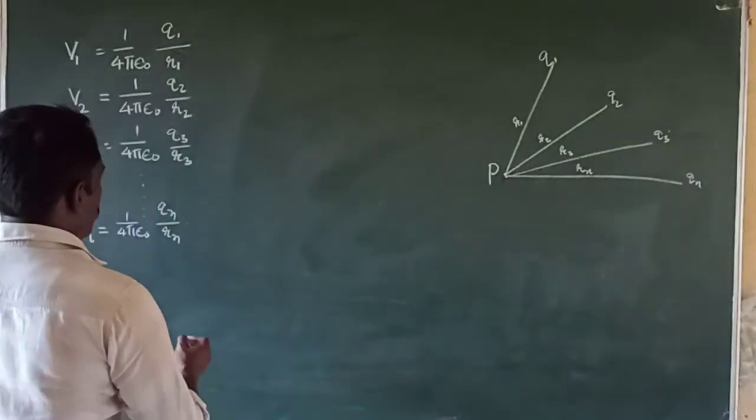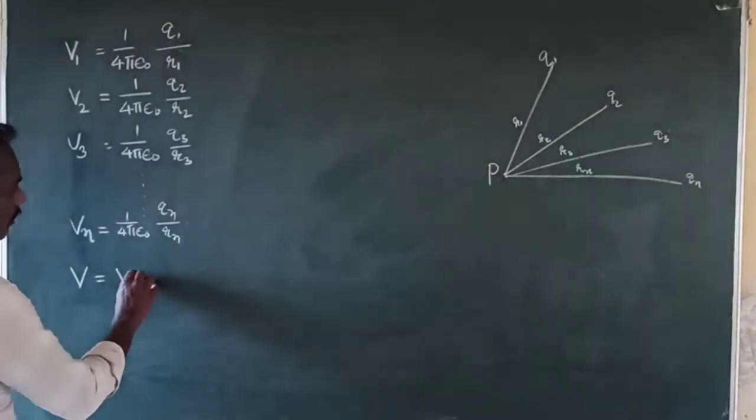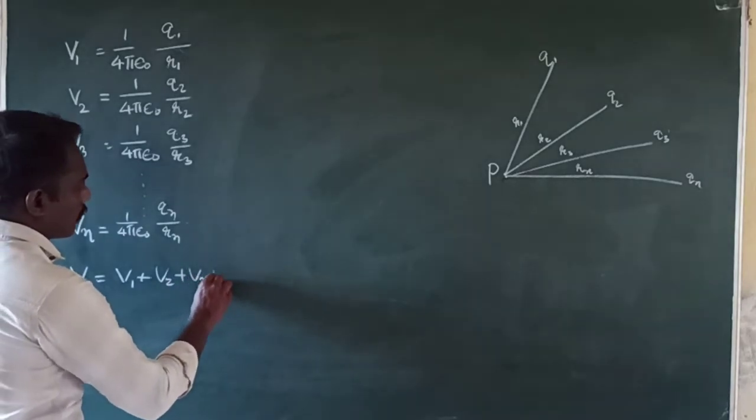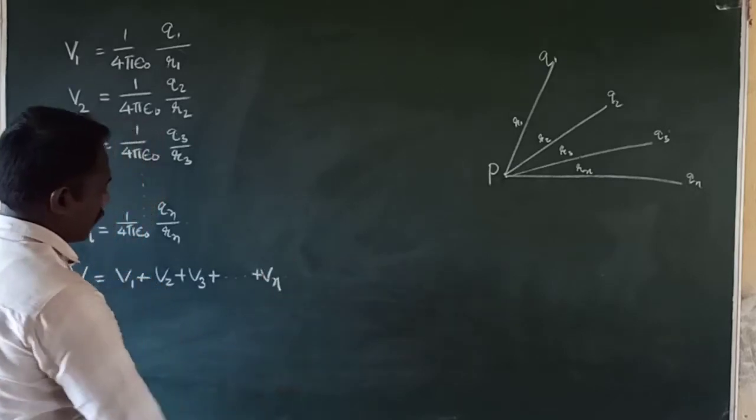The net potential V will be V1 + V2 + V3 + etc. + Vn.